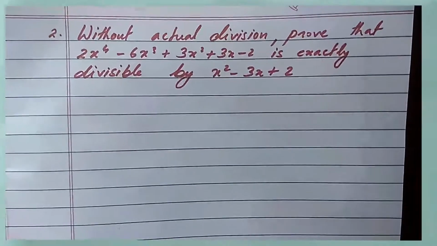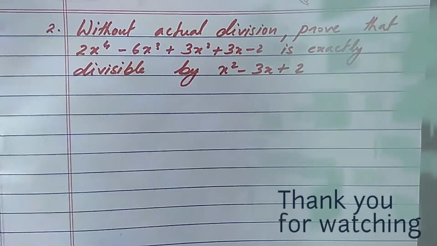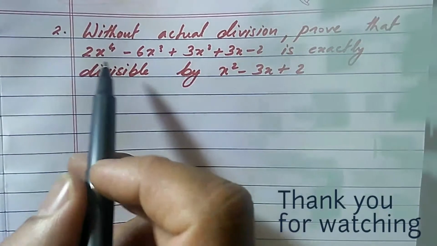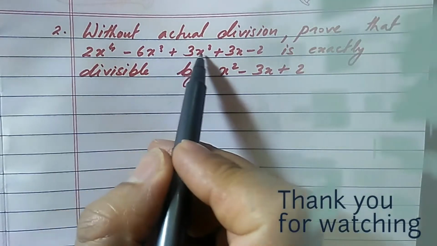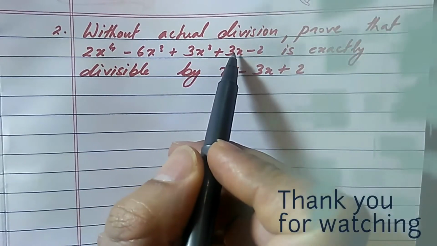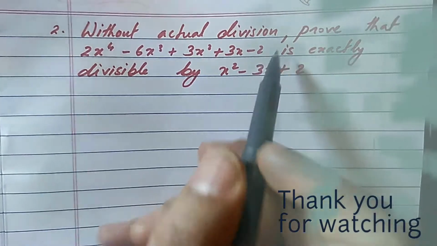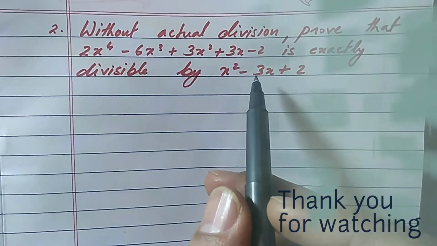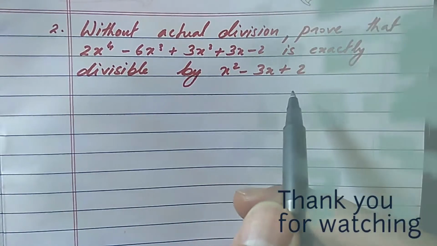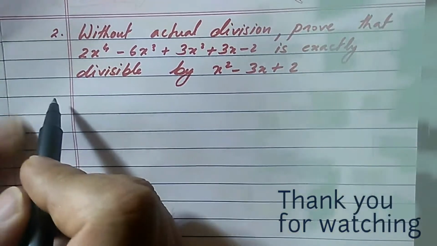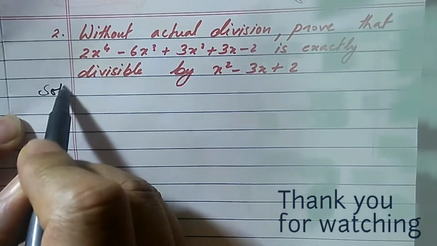Now let's look at another one. This is slightly different. Here f(x) is given as 2x to the power 4 minus 6x cubed plus 3x squared plus 3x minus 2, and we have to prove that it is exactly divisible by x squared minus 3x plus 2. So how do we do this one? Let's look at it.